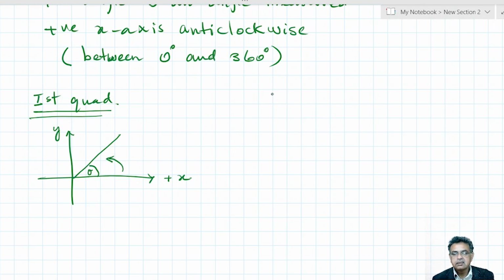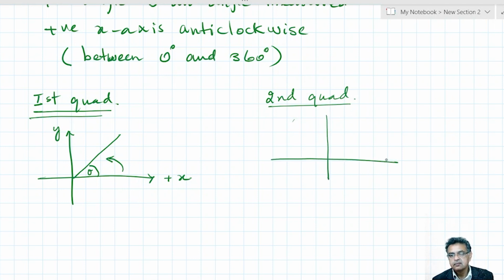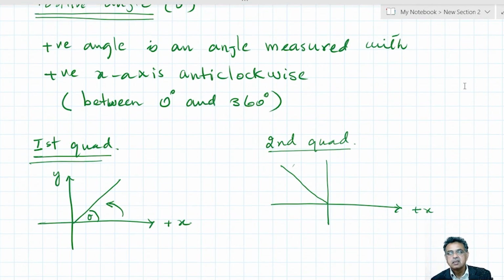Okay, in the second quadrant, if the line is making an angle here, then once again, what does the definition say? That angle measured with positive x-axis anti-clockwise.